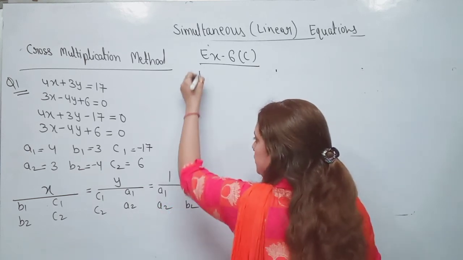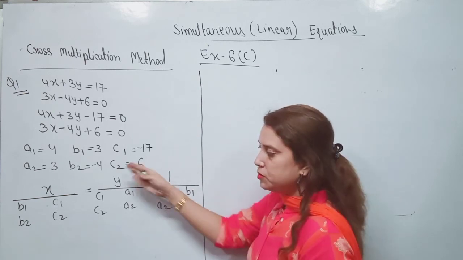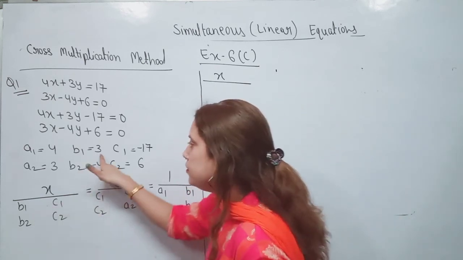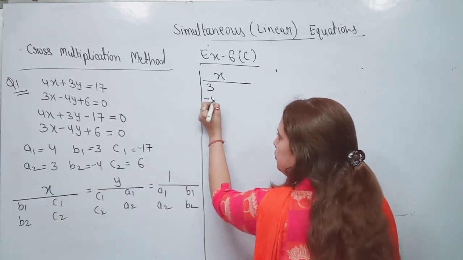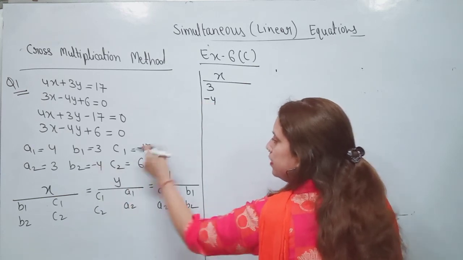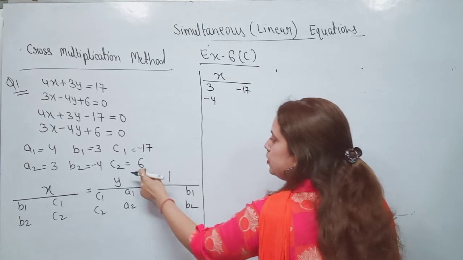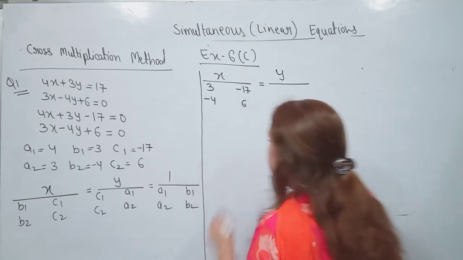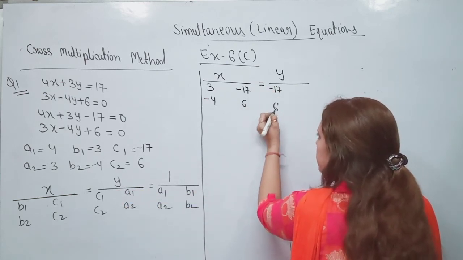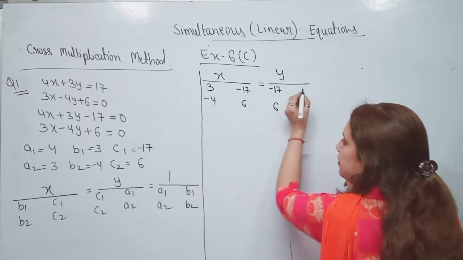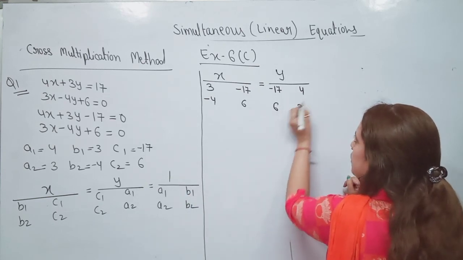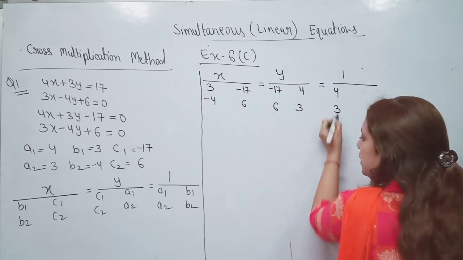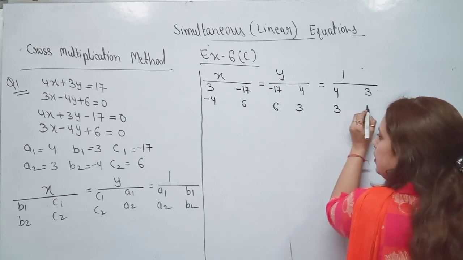After that, put in the values: b1 is 3, b2 is minus 4, c1 is minus 17, c2 is 6, is equal to y upon c1 minus 17, 6, a1 4, a2 3, is equal to 1 upon a1 a2 4, 3, b1 b2 3, minus 4.